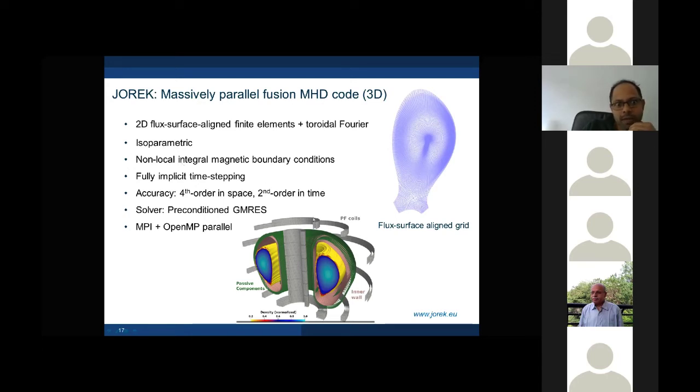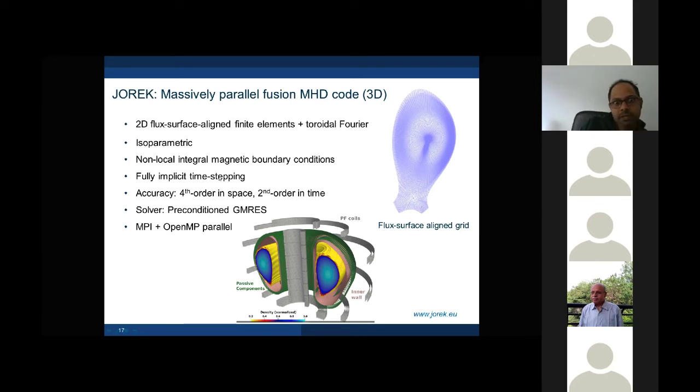It's isoparametric, and it takes into account the exterior fields, that is the vacuum and also all the coil fields, by non-local integral magnetic conditions.